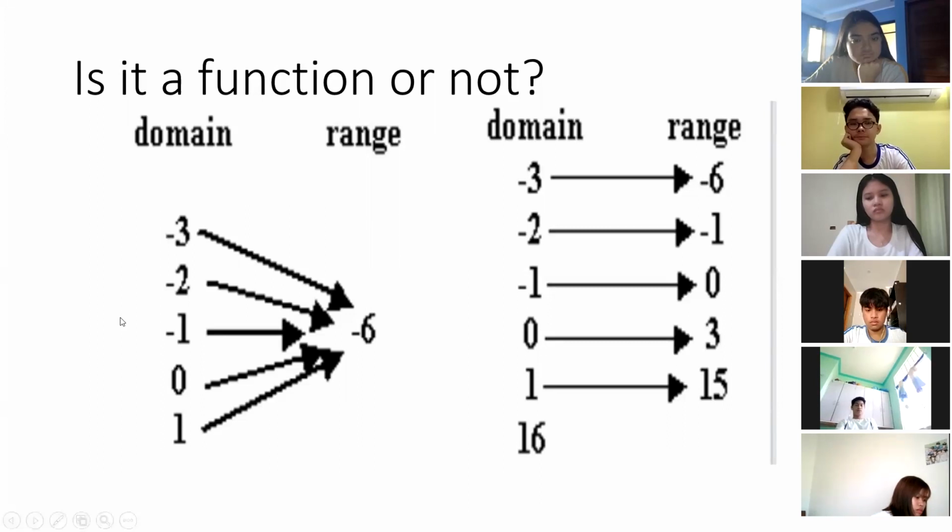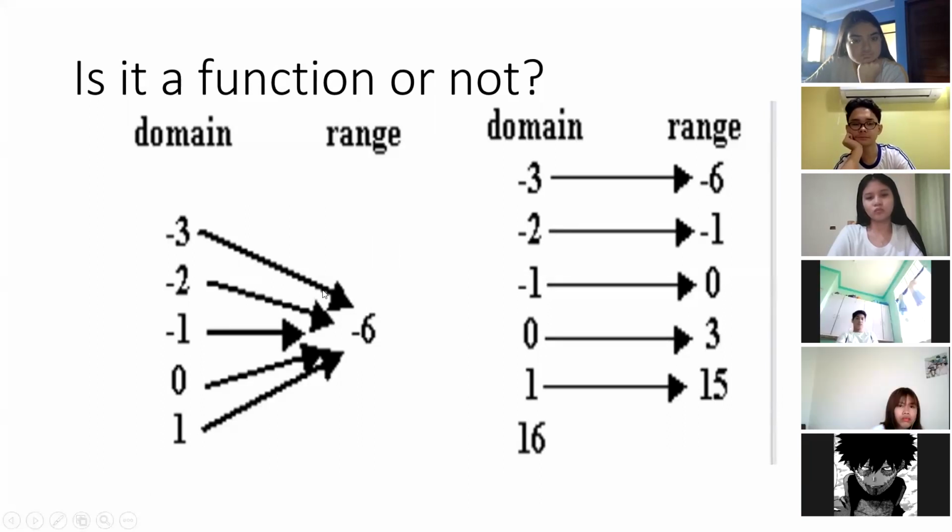Even if all x's contain only a single value of your y, which is -6, still this is considered a function since -3 is paired with only one y, which is -6. Same with -2, paired with only one value of your y, which is -6.